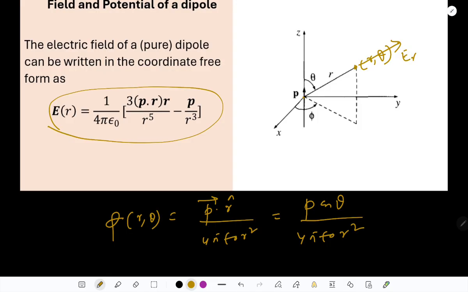And if you can break this dipole moment in the direction of vector r and perpendicular to it, this is basically your r component, radial component of dipole moment, and transverse component of dipole moment. But electric field here is, we know, you have solved the problem before. You have gone through the theories that the radial electric field in the direction of radial component of dipole moment, but its transverse components are opposite.